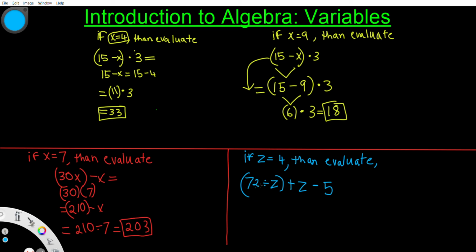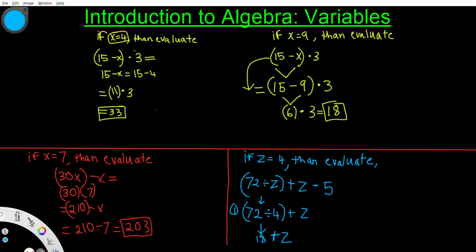So we have 72 divided by z, and we know that z is 4, so 72 divided by 4, plus z, which is also 4. We'll focus on this, like I said. 72 divided by 4 is 18. And then plus z. According to PEMDAS, we're supposed to work from left to right, so we're just going to go in order.